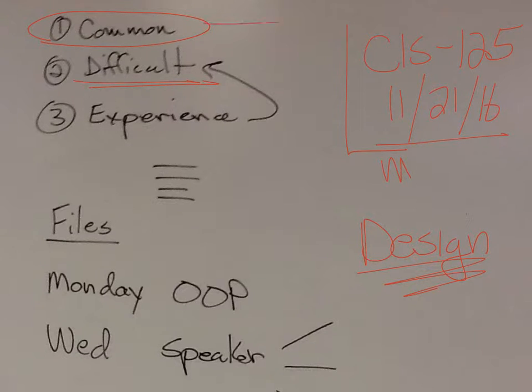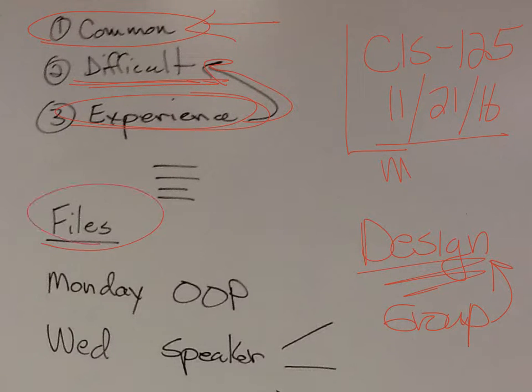This kind of work is common, where you'd have a group come up with some design for something. Of course, this is a program. They found it difficult, and their experiences varied so much that in working in the group, they sometimes found that difficult.